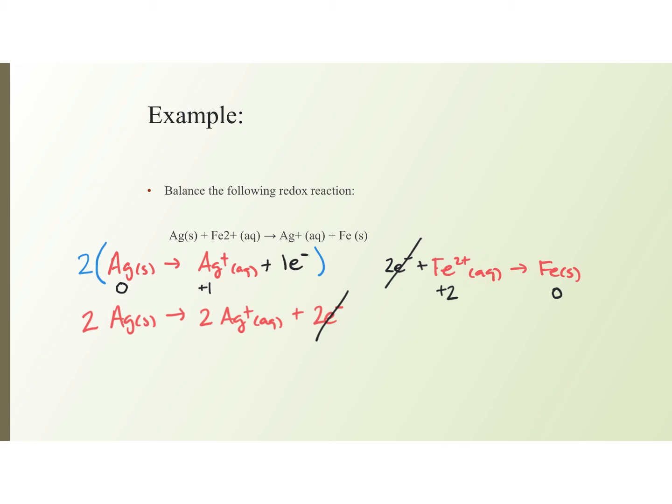So it becomes 2 Ag solid plus Fe2 plus aqueous. That's going to go on the left side. And the 2 products remaining would be 2 Ag positive aqueous plus Fe solid. And that right here would be your balanced redox reaction.